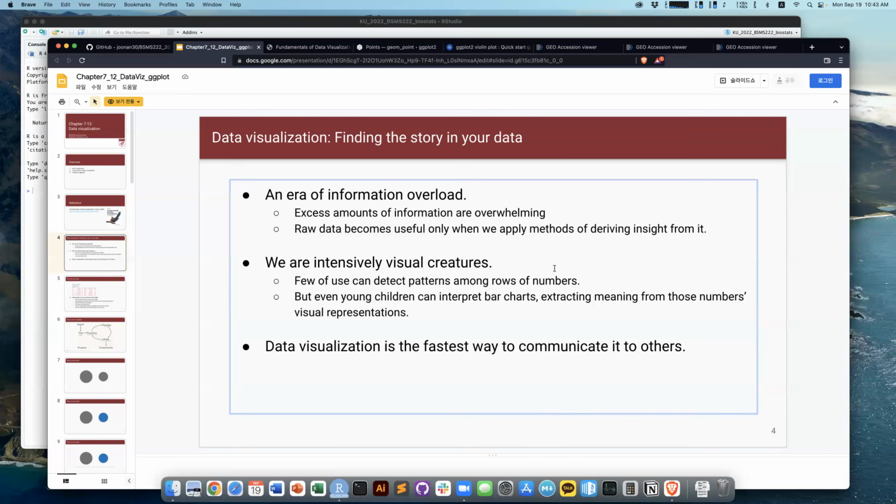So some of the shapes or colors are sometimes more powerful than just presenting text to others, right? So in this aspect, data visualization has to happen for your communication. And again, this is another notion of why you have to learn visualization, and also it's an efficient way of communication.